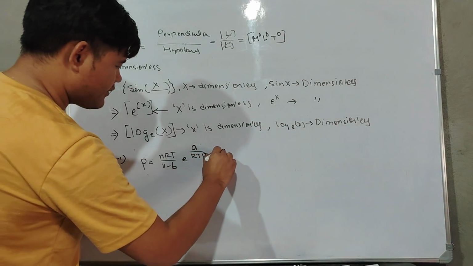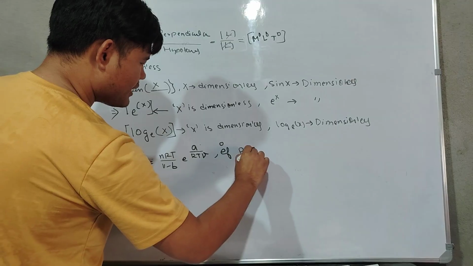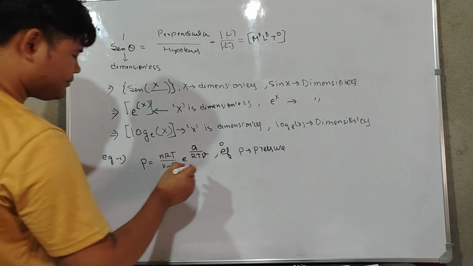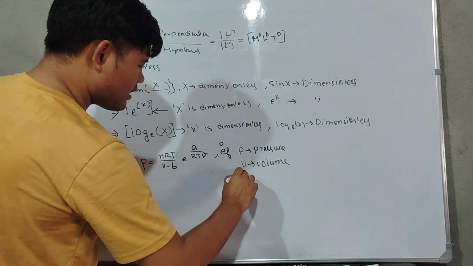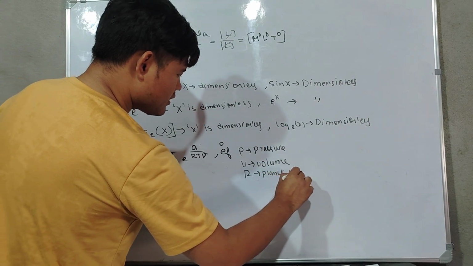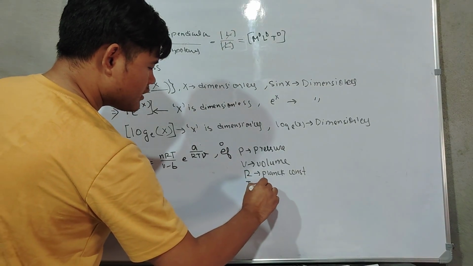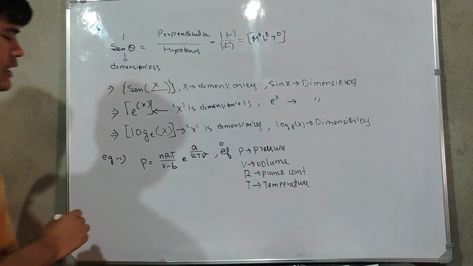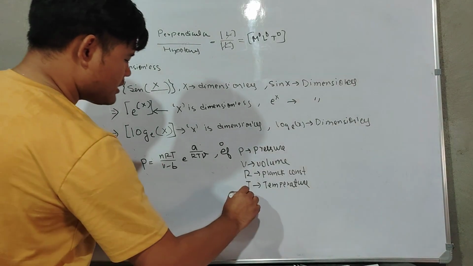Now, P is pressure, V is volume, R is the Planck constant, T is temperature, and n is mole.